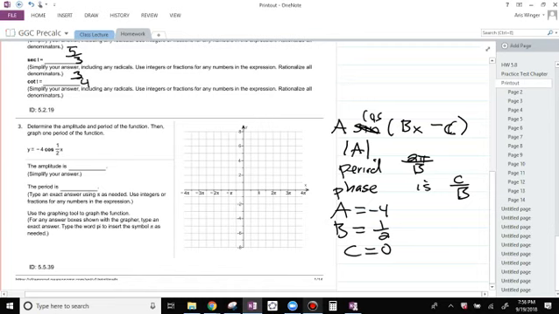A is -4, but the amplitude is going to be 4, the absolute value of A. The period is 2 pi over 1/2, which is 4 pi. And then you would graph it by simply putting in that information.